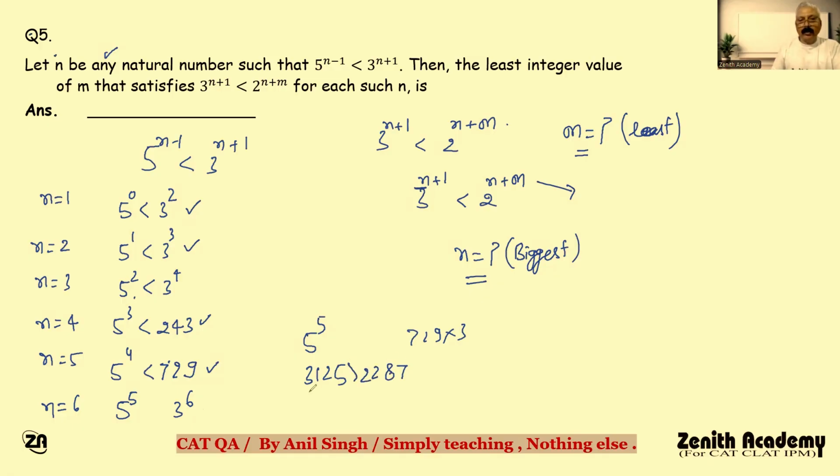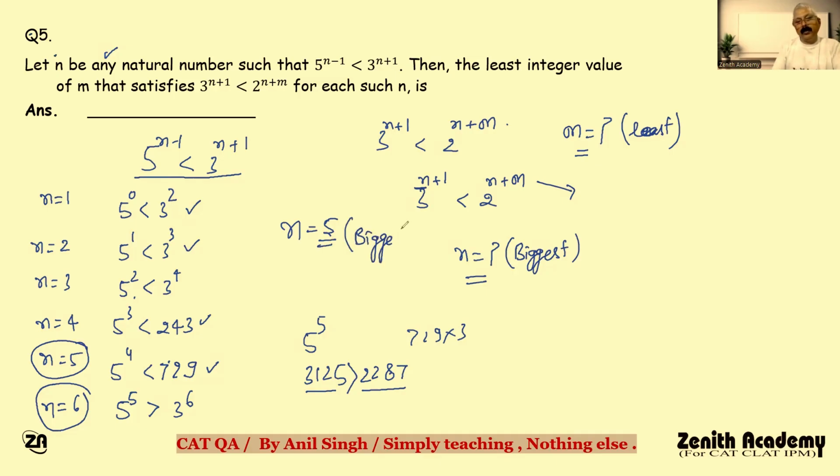This time 3125 is greater than 2187, right? So n is equal to 6 will not satisfy this inequality. This way you can say the maximum possible value of n will be 5, the biggest possible value of n which satisfies the given inequality.